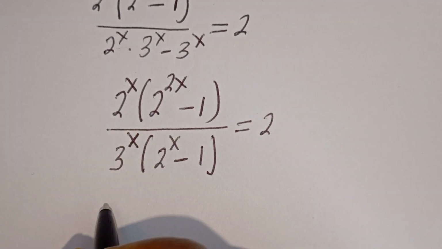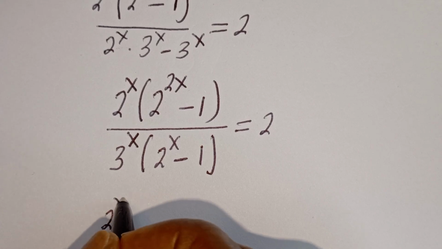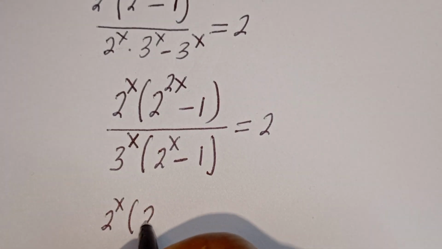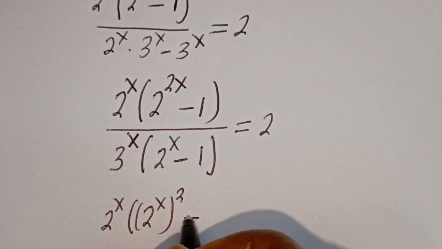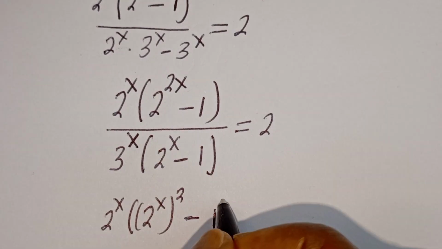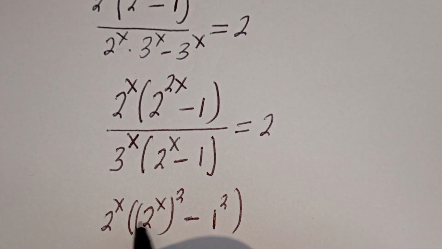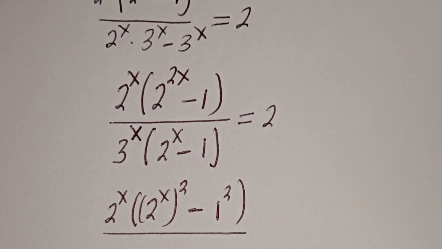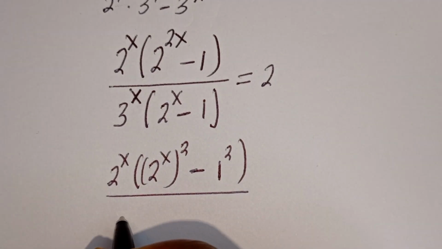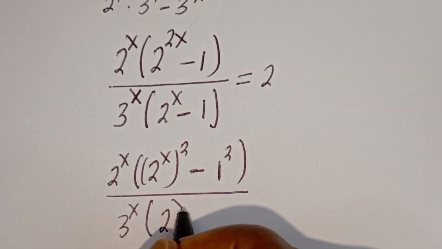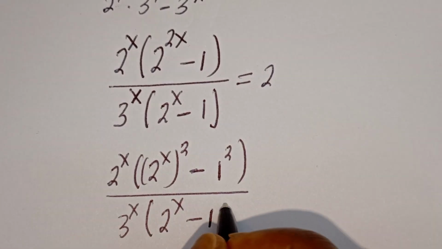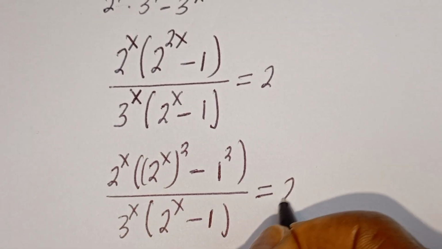Then this can be written as 2^x bracket (2^x)^2 minus this one can be written as 1^2, divided by 3^x bracket 2^x minus 1 is equal to 2.